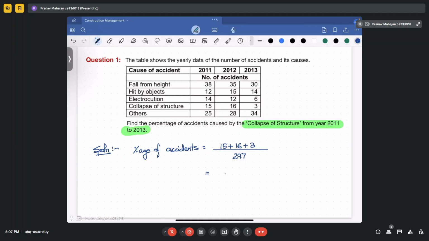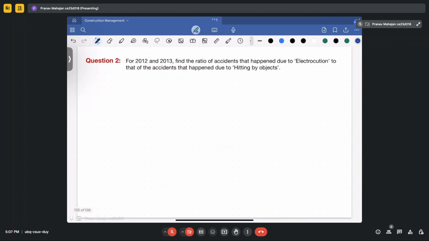That means it is 34 divided by 297, and it will give you a value of 11.44%. For this week, you are solving only a few basic problems. In the next week, we will see whether any technical things will come into the picture or not.